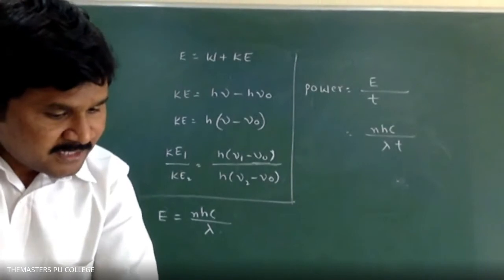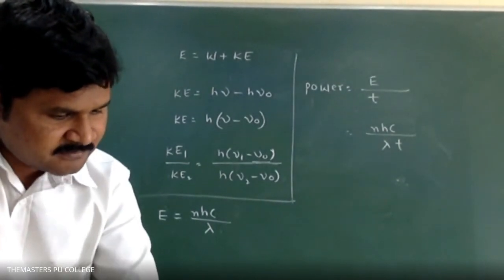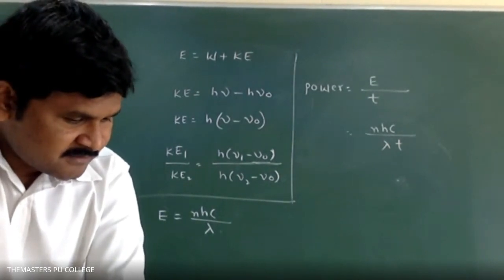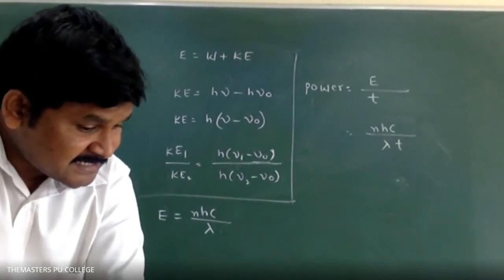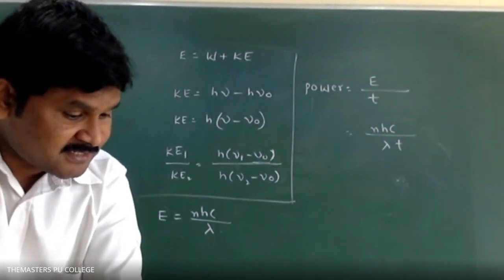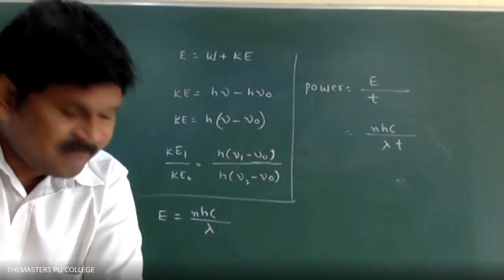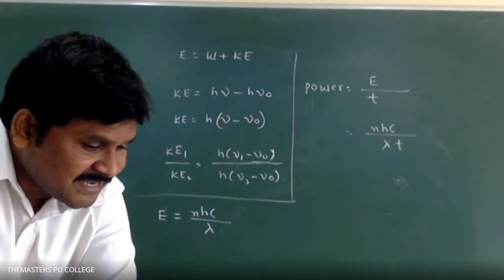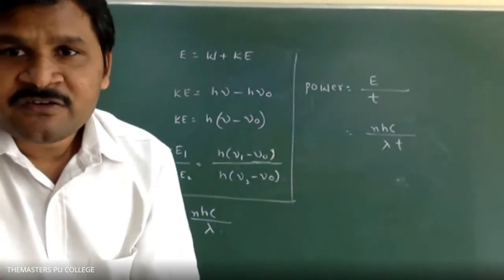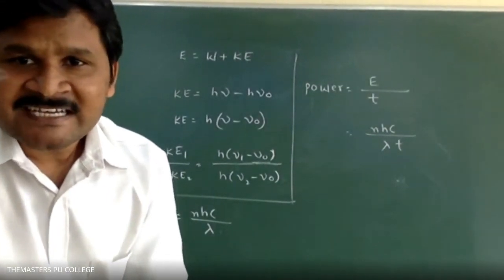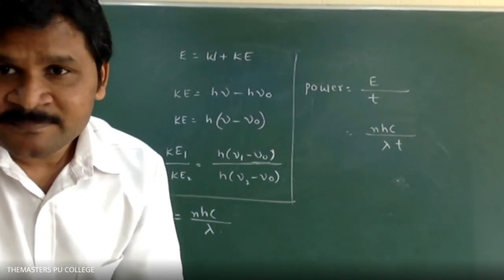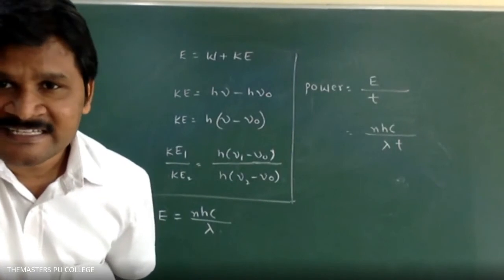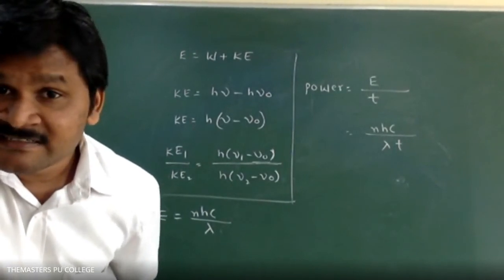Okay, now read question number 22 thoroughly, and say the answer. Don't see the answers. Light of wavelength lambda shines on a metal surface with intensity x, and the metal emits y electrons per second of average energy z. Average energy means nothing but kinetic energy. What will happen to y and z if x is doubled? If the intensity increases, the number of electrons increases, but there is no change in kinetic energy.